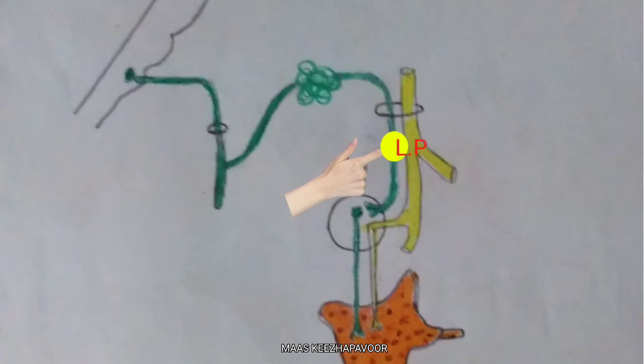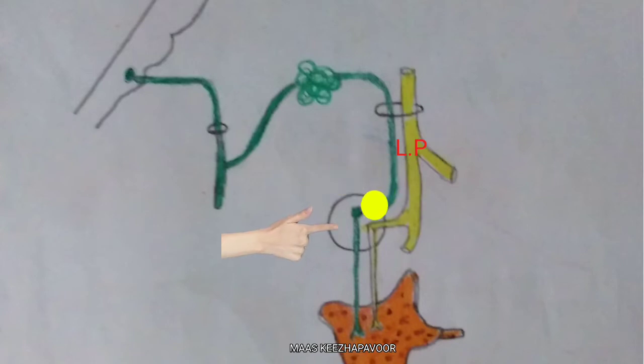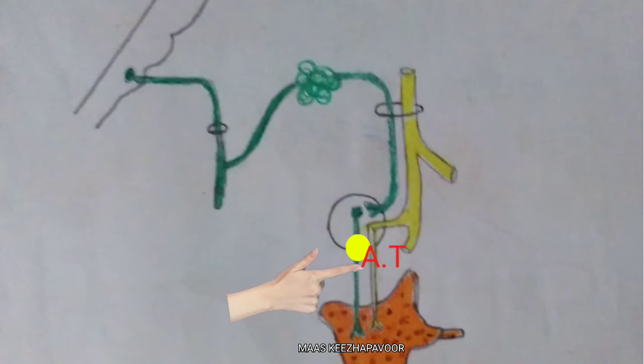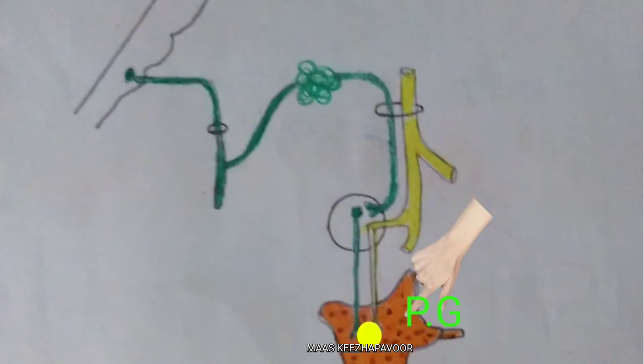From here, through lesser petrosal nerve, the fibers are relayed to the otic ganglion. The postganglionic fibers pass through the auriculotemporal nerve and reach the parotid gland.